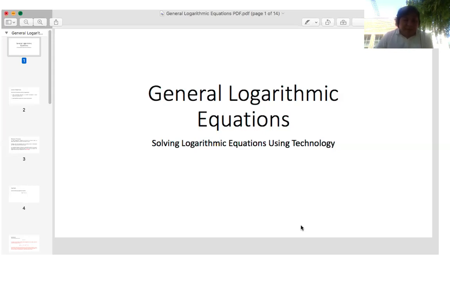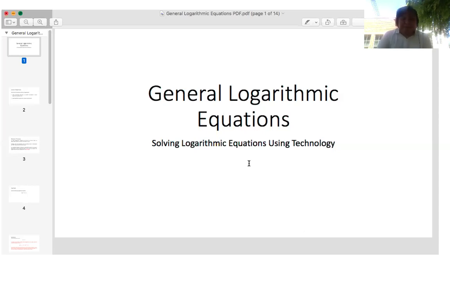From logarithm of 7 plus 2 is equal to x, we can convert that into exponential form by following the procedure below. First, we move the plus 2 by subtracting 2 from both sides. Then it becomes logarithm of 7 equals x minus 2. We convert to exponential form. Take note, this logarithm has no base, thus its base is understood to be 10. From this logarithmic expression, it becomes an exponential expression.